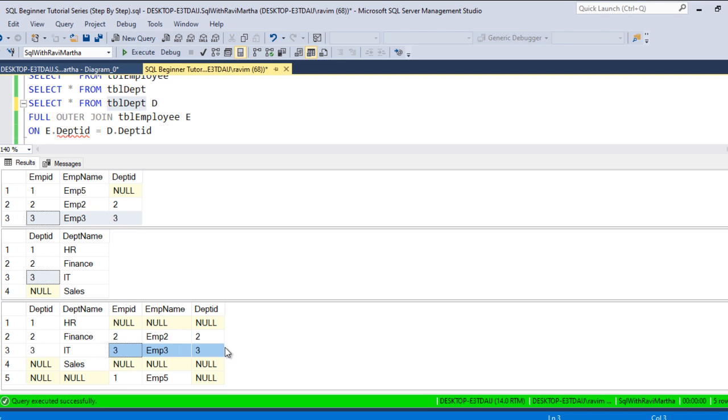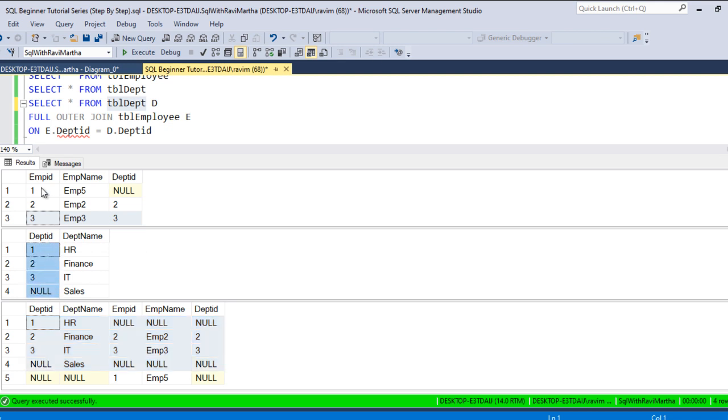Right. Now what happens? It goes to the next record. So it is null. So null sales, it will come, and then there is no corresponding entry matching from the employee table, so it will populate as null. So now we got all the rows from the department table. But what does full outer join mean?